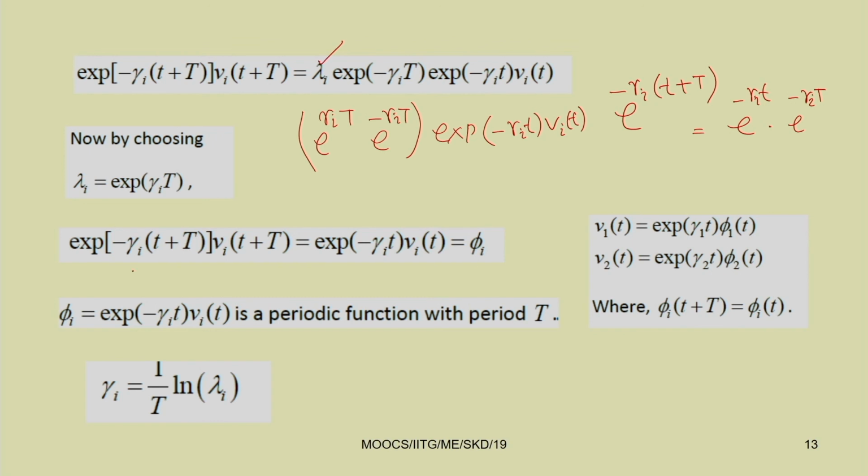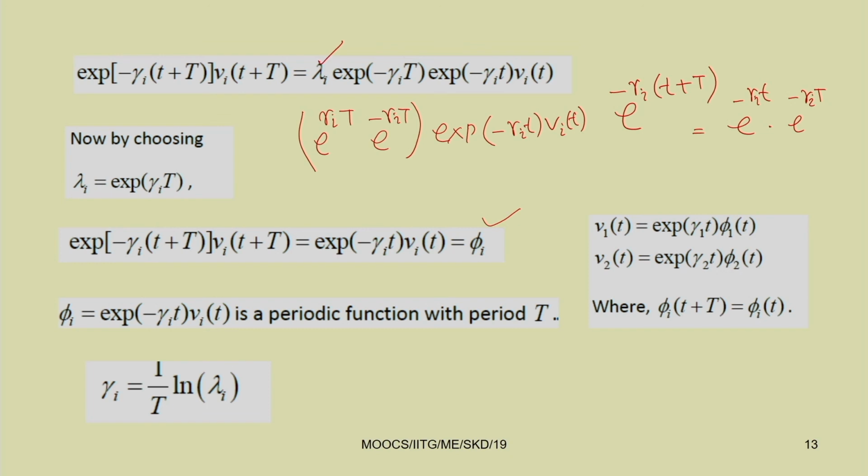But note this e to the power minus gamma_i (t plus T). What we have observed here is that e to the power minus gamma_i (t plus T) into v_i(t plus T) is nothing but e to the power minus gamma_i t into v_i(t). This term we can write as phi_i(t) also.